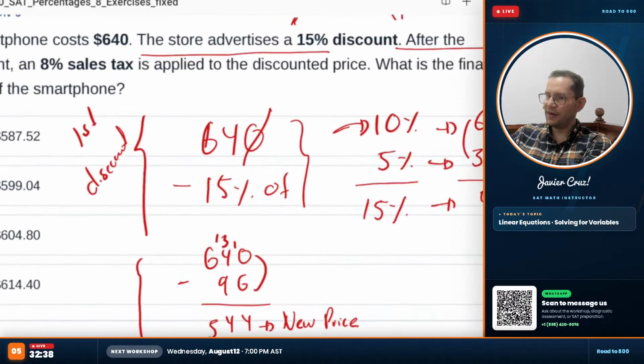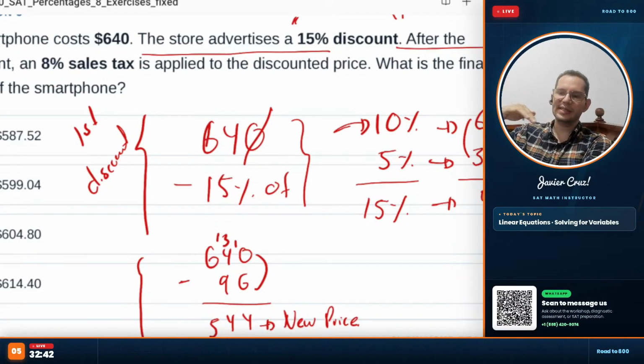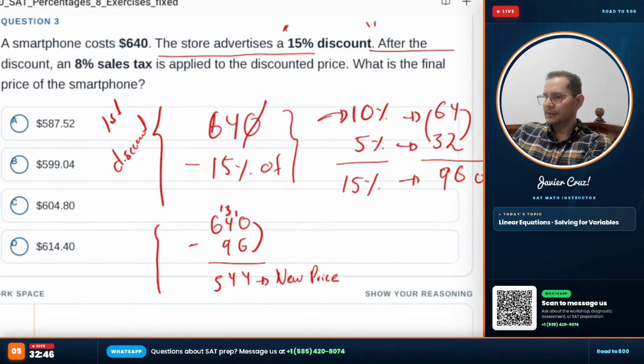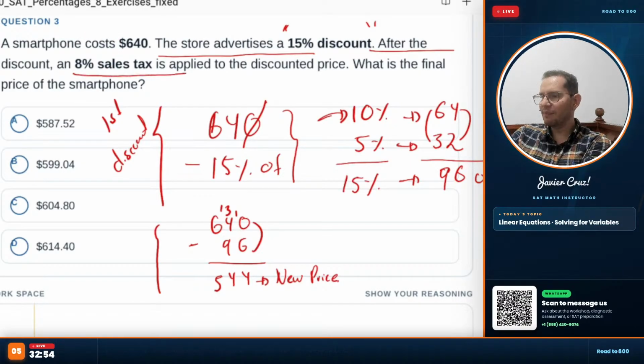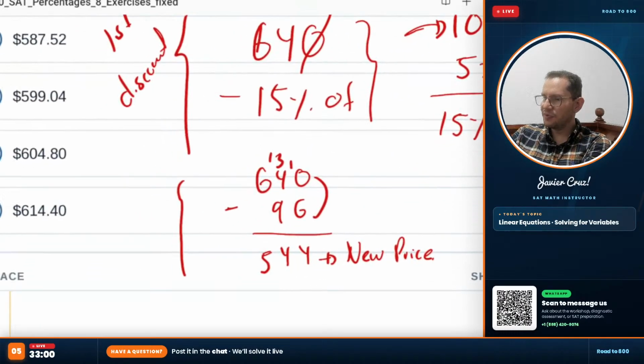And finally, we need to increase because the taxes are increasing the price by 8%. But the 8% is applied to the discounted price, so it has to be applied to this price. So the answer has to be more than this value.